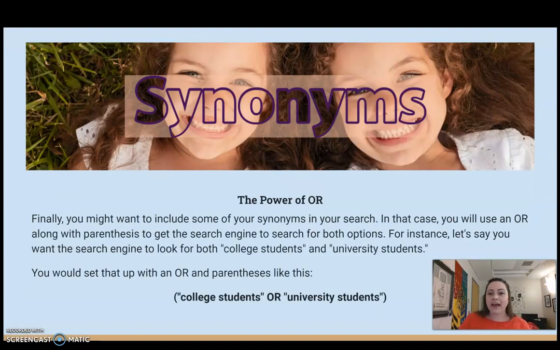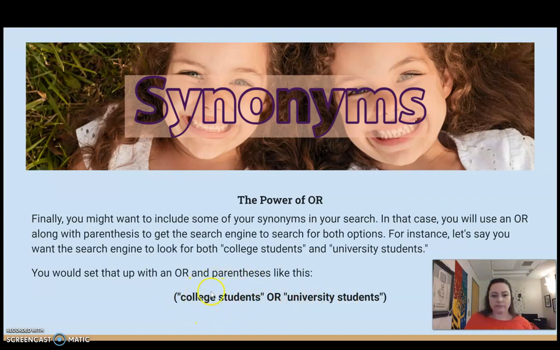Again, when we have all these synonyms, you can do them as individual searches, but you can also set them up in your search so that it searches for all the synonyms at once. The way that you do that is by connecting the synonyms within parentheses and then separating them by an or. So in my example, I have college students or university students.